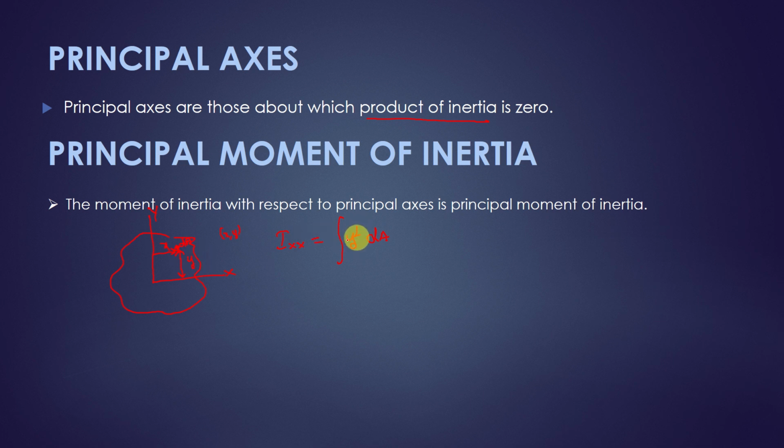Similarly, Iyy will be integral x square dA, that is square of distance up to y axis, small x square into area of the element dA, right? Then what is product of inertia? That is Ixy, that is dA, the area multiplied by the distance about y axis up to x axis, right?